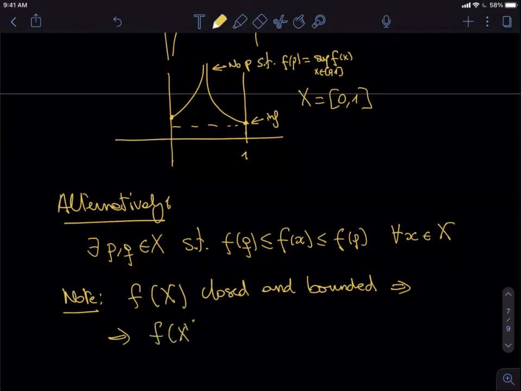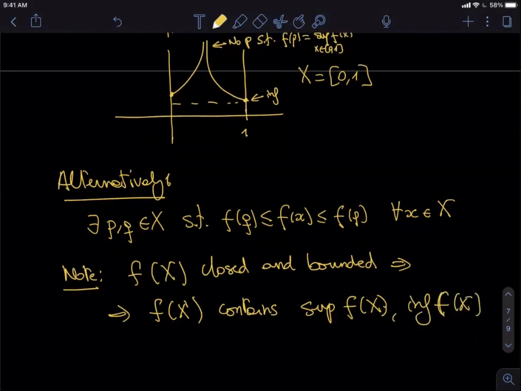Then f of X contains the supremum of the f of x's and the infimum. So that's the way we use the previous theorem to show this fact.